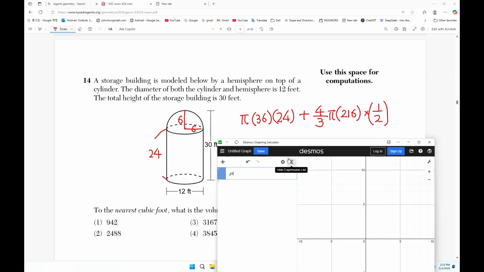Pi times 36 times 24, plus 4 pi times 216 times 1 over 3 and 2, right? 3 in the bottom and 2 in the bottom.